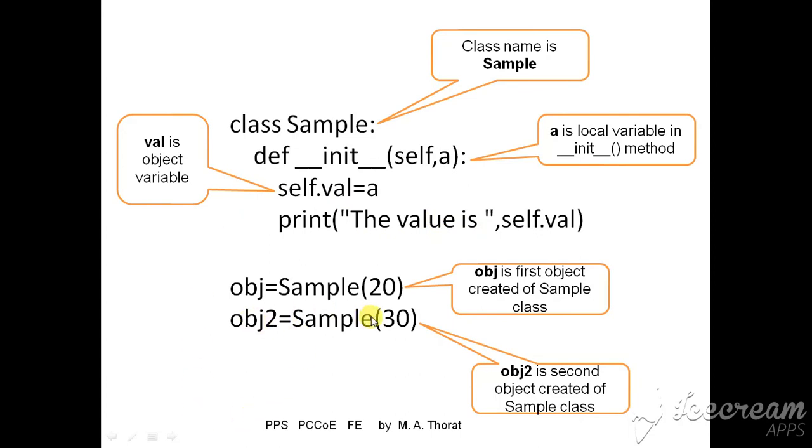In the second statement, again an object of the sample class is created, which will initiate a call to the init method. Then the value 30 will be stored in a. And self will contain the reference of the object through which init is called. Init is called through obj2, so it will update obj2.val equal to 30, and then in the next line it will display the same value.